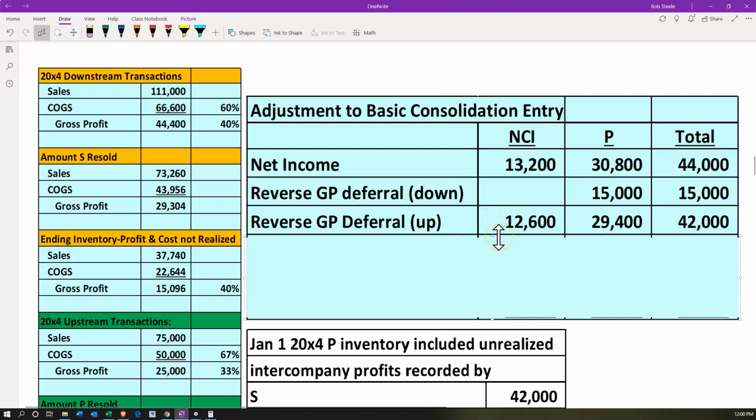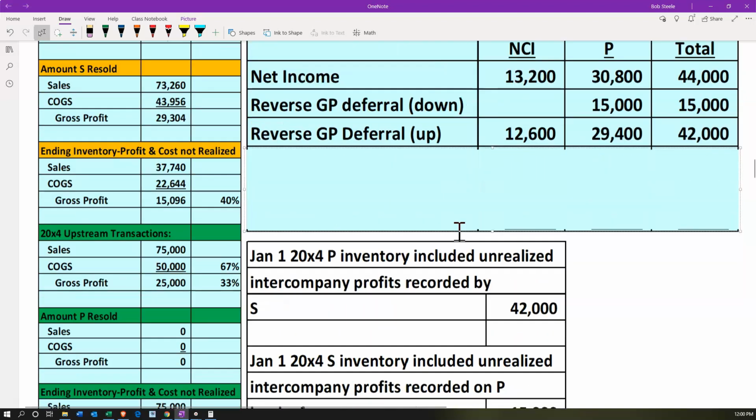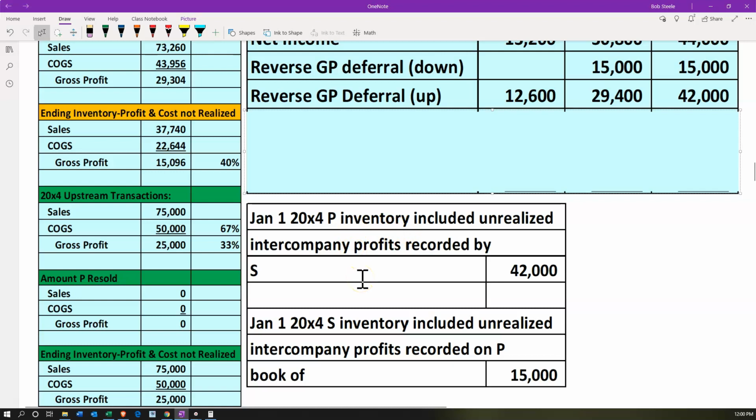So again, I'm breaking this out: prior year transaction, the upstream transaction, meaning it went from S to P. Now we're talking about a sale from S to P that happened in the prior year, prior to the year of consolidation. So January 1st of 2000 X4, P inventory included unrealized intercompany profits. So this was on P's books as of the beginning of the year, so the end of last year, which means it must have been a sale from S to P, the total there being the 42,000.